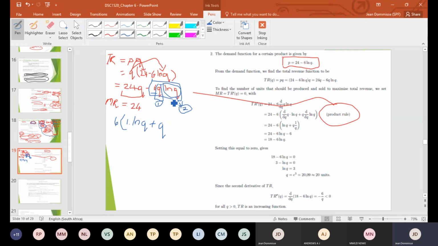If we go back into the log rules, the derivative of that is 1 over q. So that again is the log rule. Also in chapter 6, in chapter 5, that was also there.